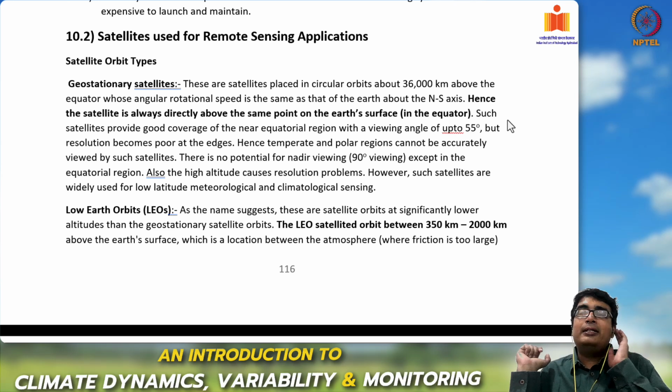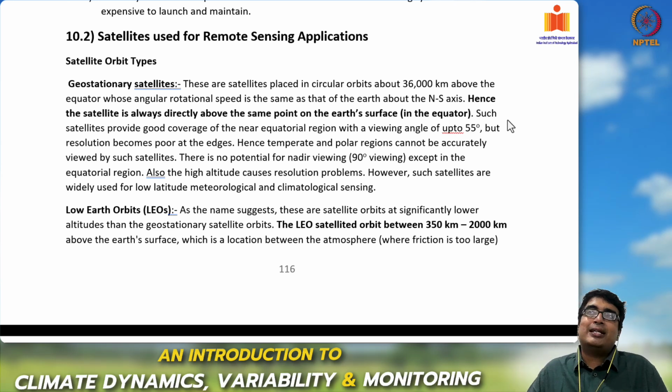For all geostationary satellites that point will be on the equator, and it will be constant at all times throughout its operation. Such satellites provide good coverage of the near equatorial region with a viewing angle of up to 55 degrees.